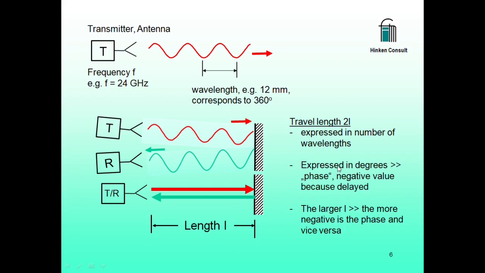Travel length 720 degrees, and that is then also called phase. The phase of the reflected wave at the input of the transmit-receive module is 720 degrees, and because it's some kind of delay, it's negative. It's minus 720 degrees delay.